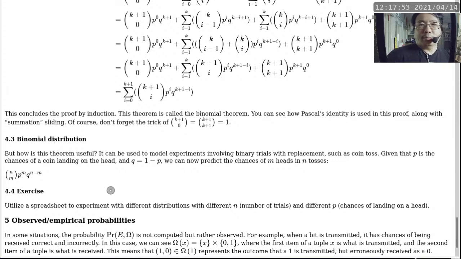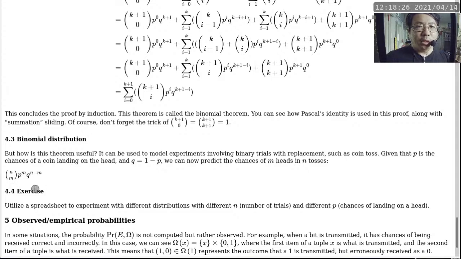So the binomial distribution in this case is basically saying if I have n coin flips, in this particular expression here, p is representing the chances of landing on the head, q is representing the chances of landing on the tail, and m is the number of times the coin lands on the head out of n times.